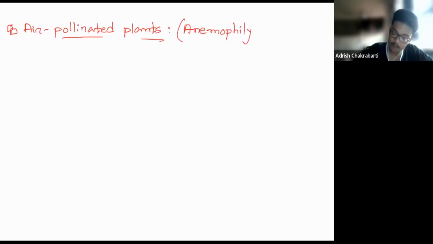Anemophily. So what is anemophily? Anemophily is the process in which the air acts as a pollinator, transferring pollen from anther to the stigmatic surface.